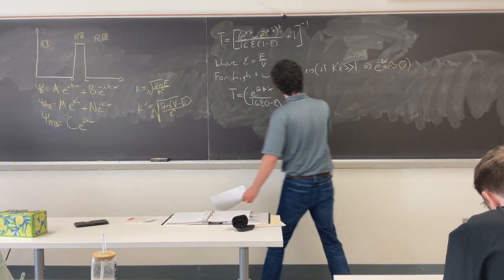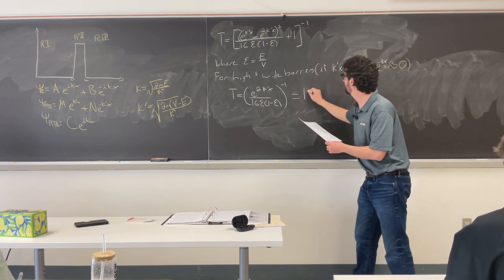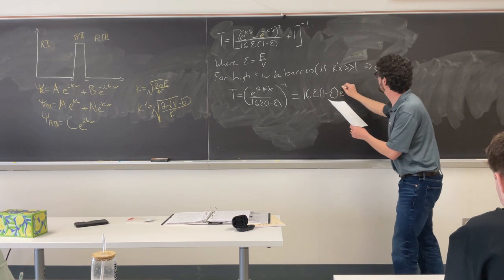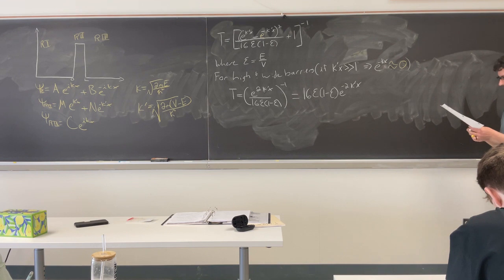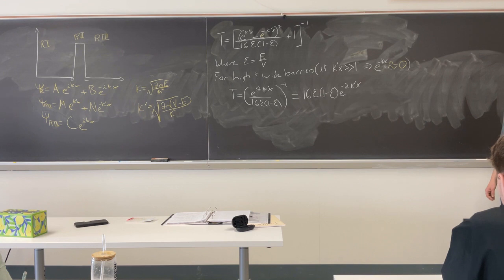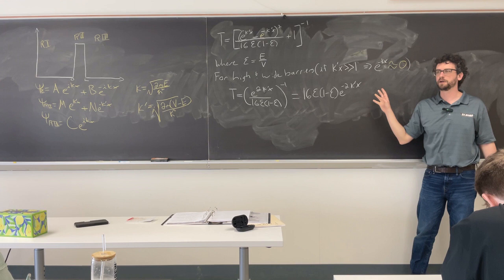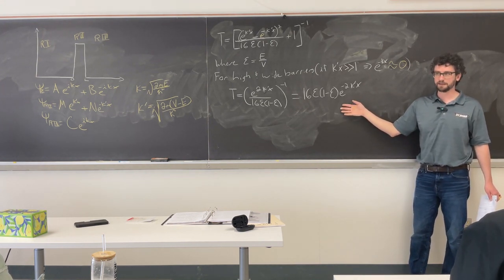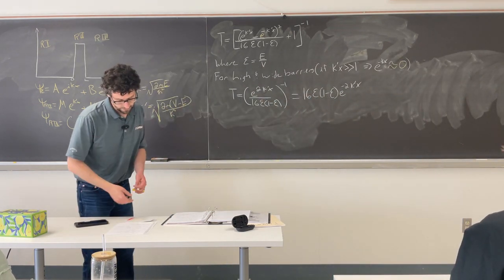Okay, if you want to have this expressed in a different way, I don't like things raised to the -1. Get 16 epsilon 1 minus epsilon e to the -2k prime x. Okay, so sometimes we'll have to use this one if we don't have a very high and wide barrier. We'll talk about what is a high and wide barrier. Otherwise, we can utilize this. Way easier to look at it.